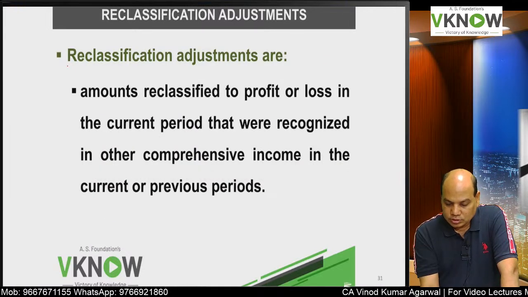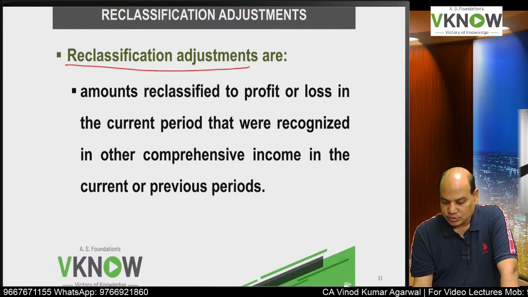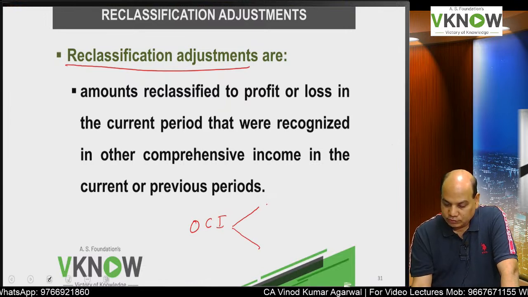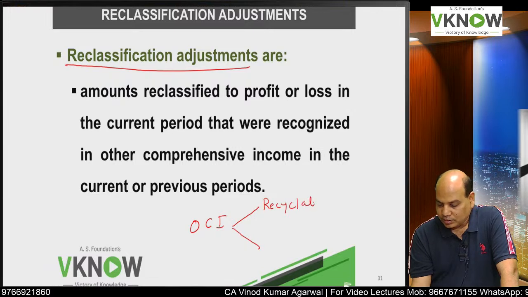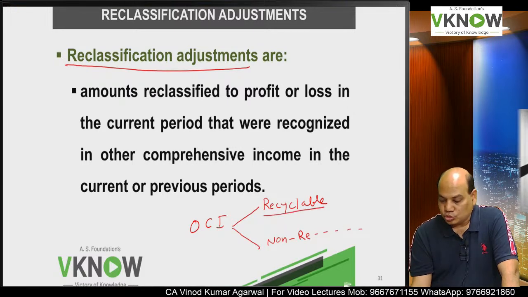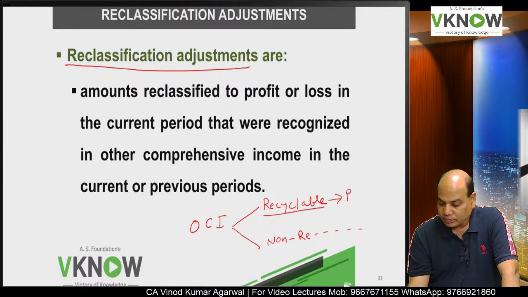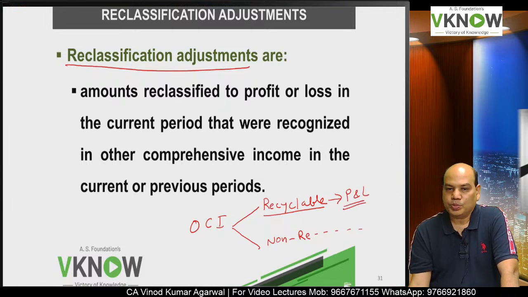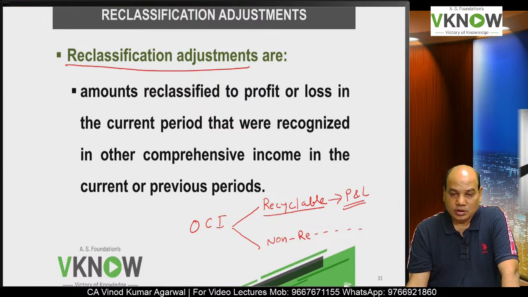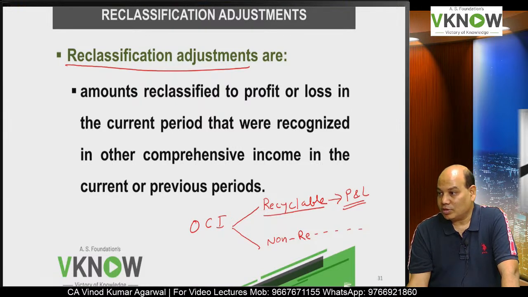And next is reclassification adjustment. In OCI there are two categories of items. One we will call recyclable and second non-recyclable. Recyclable means those which will later be transferred to the P&L account, like foreign exchange gain or loss on a foreign subsidiary.